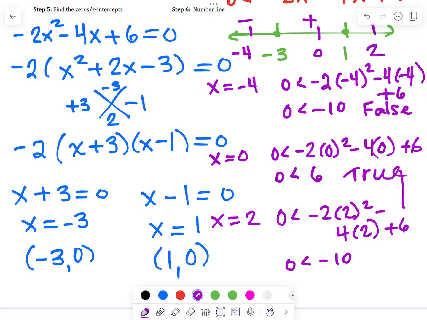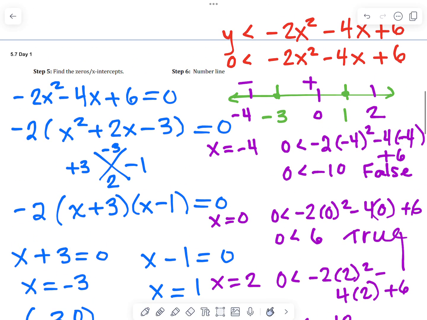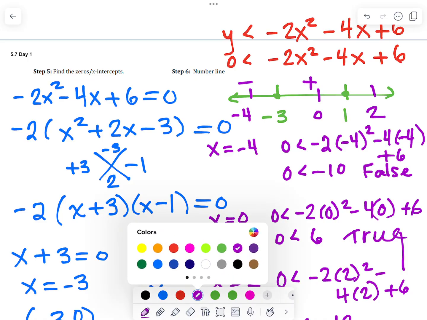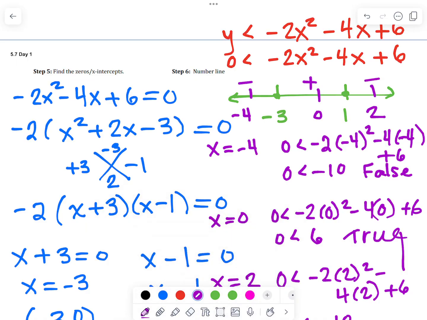And then I read it. Is 0 less than -10, or is -10 greater than 0? That is also false. So I put a negative here. So what does that tell me? It tells me that my solution is between -3 and 1. That's the region that I'm going to shade.